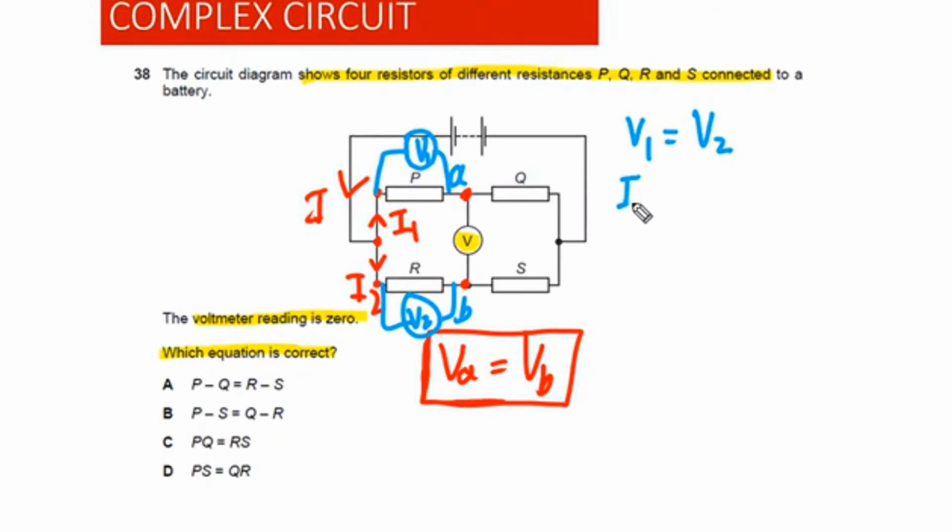Another way of writing this is I1 P has to be equal to I2 R, and this is based on Ohm's law.